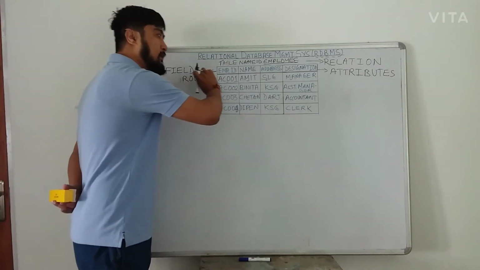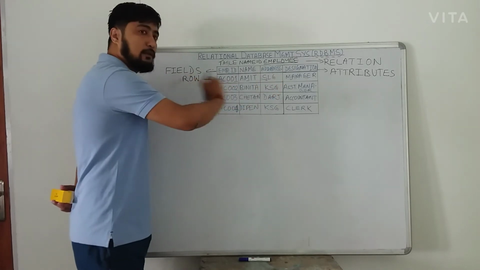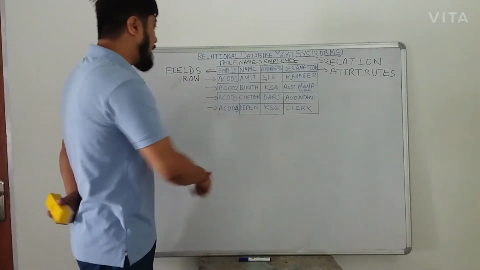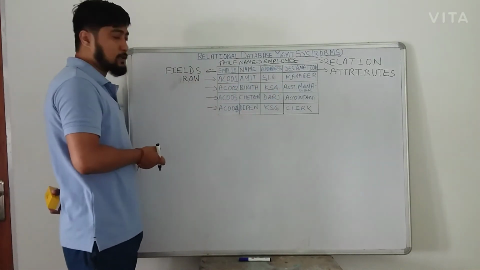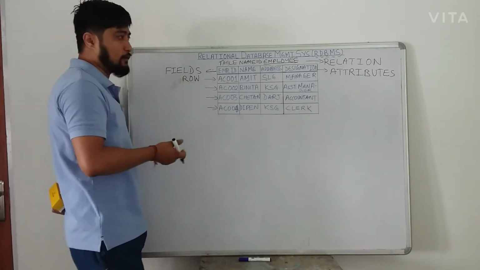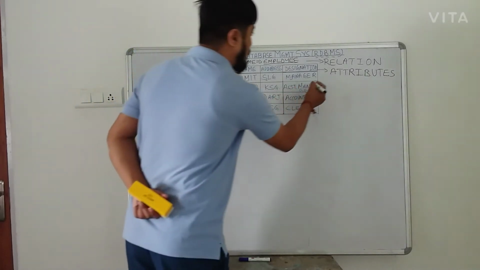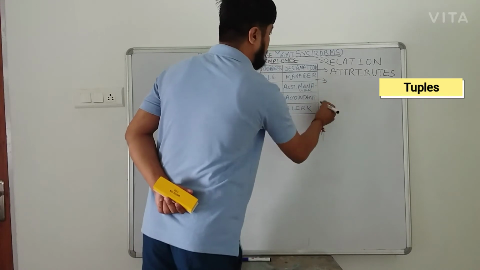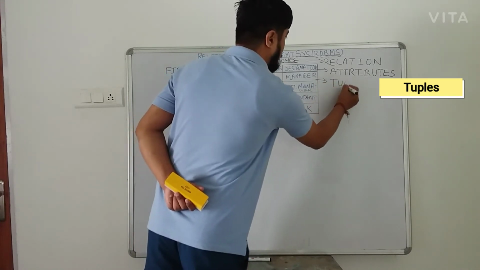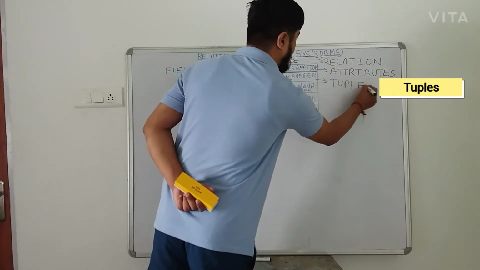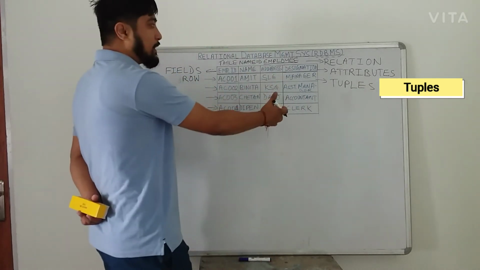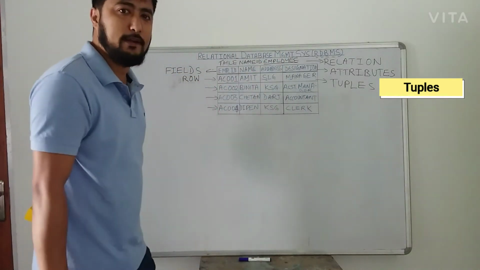So there are 4 different rows or 4 different records. Now, in RDBMS we will not call these rows. We will call them tuples. So how many tuples are there? There are 4 different tuples.